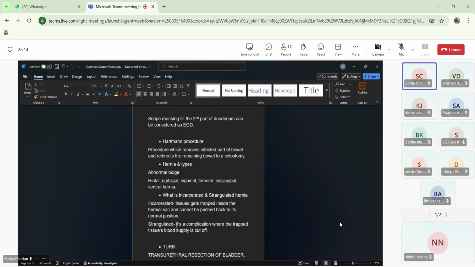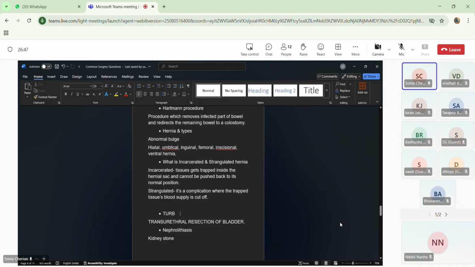The tissue which is trapped inside will die, which indirectly causes a life-threatening circumstance. Why? Because this complication can lead to sepsis also. Okay, the hernia can rupture, it can spill off. So before it gets strangulated, it has to be taken out.